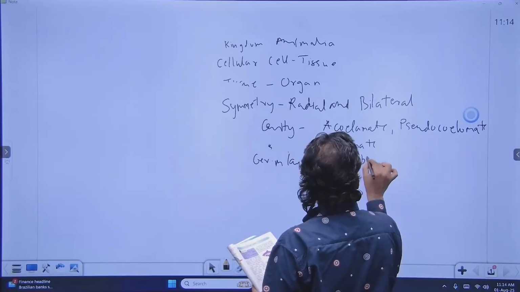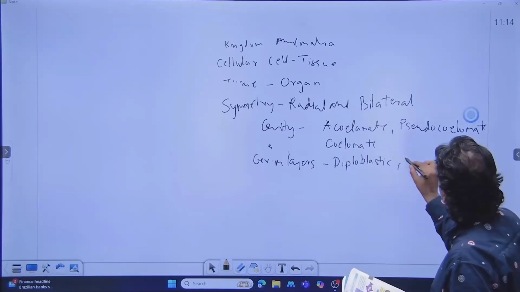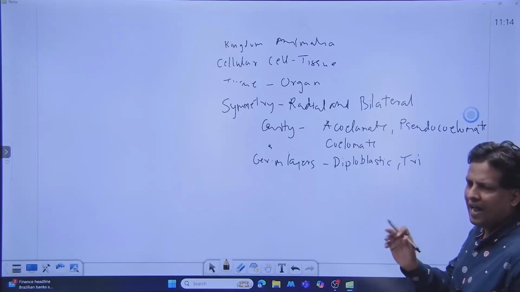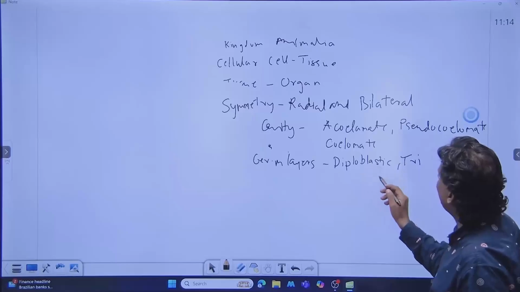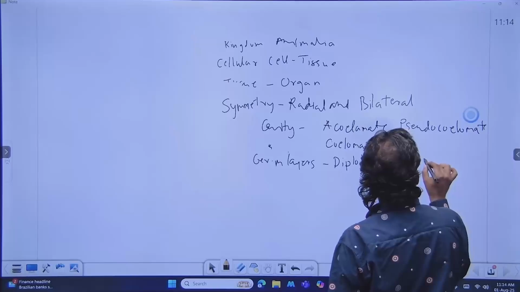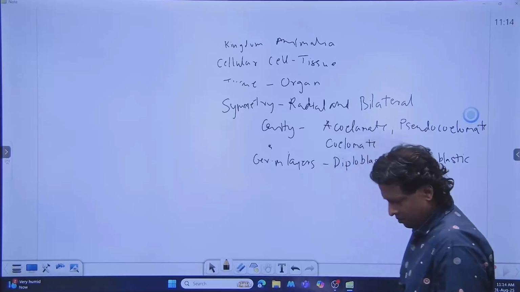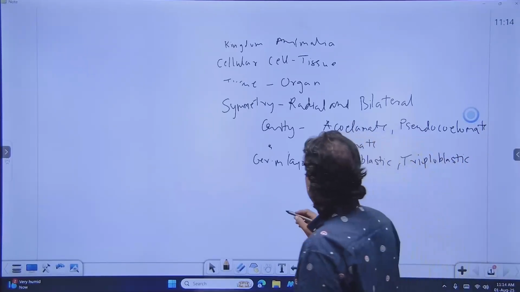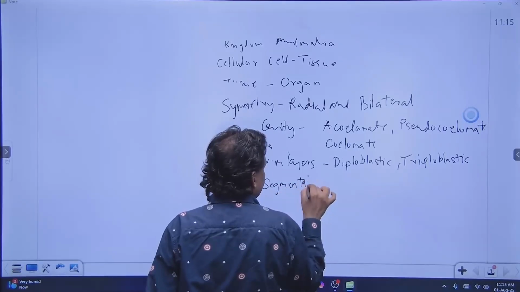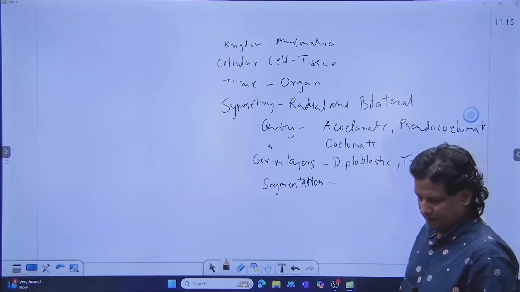If I am going fast, tell me. Diploblastic and triploblastic. Di means 2, tri means 3. Two layers, diploblastic; three layers, triploblastic. Unsegmented, segmented.